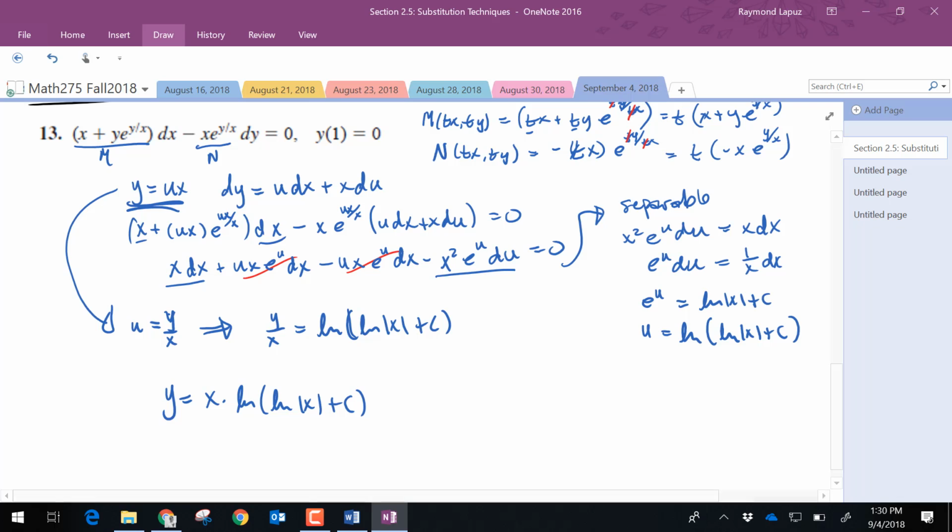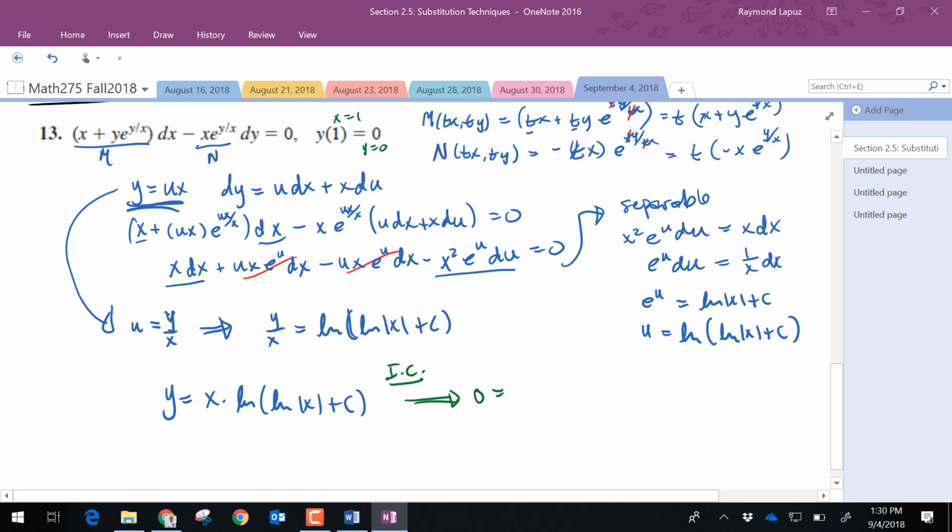Yeah, and so we have an initial condition, so we can solve for c. When x is equal to 1, y is equal to 0. So let's put that initial condition in.